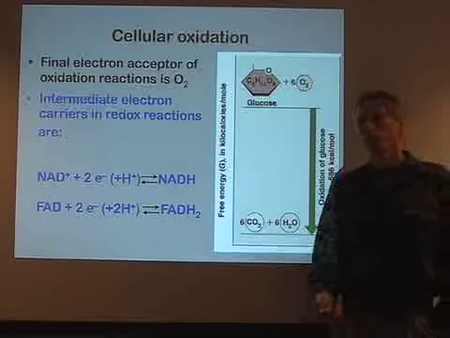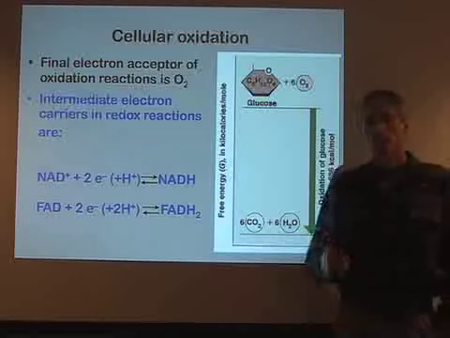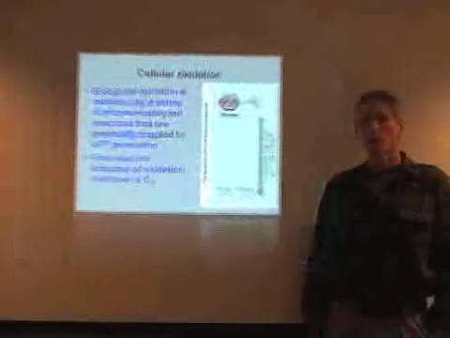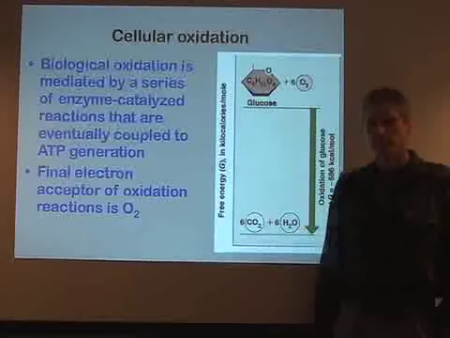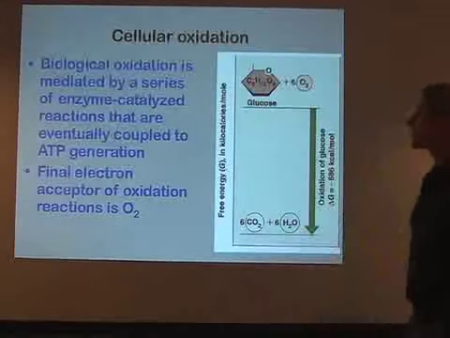So just like burning methane, oxygen is hungry for electrons and will accept the electrons. So we have a series of small steps mediated by enzymes. Enzymes will catalyze these small steps and couple the reactions to these reduced electron carriers and synthesis of ATP. And the final electron acceptor is oxygen.